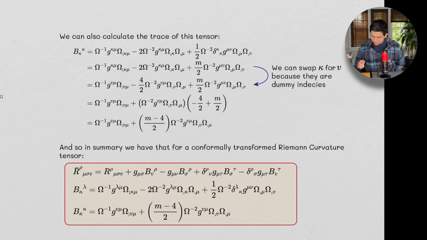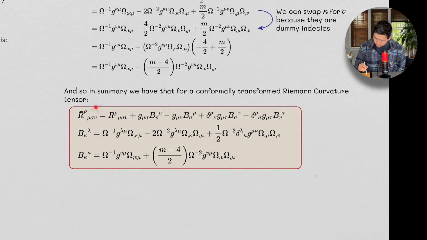And so in summary, we have our conformally transformed Riemann curvature tensor. The conformally transformed Riemann curvature tensor has these B tensors in it. So these B tensors are really what's driving the conformal transformation. Maybe we should make a note of that because that's important to know.